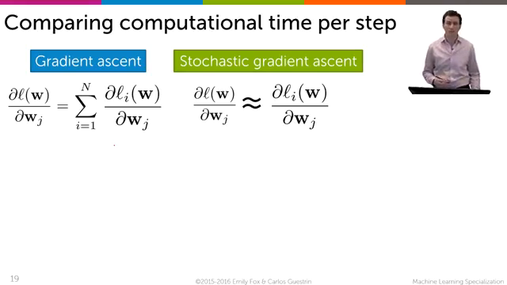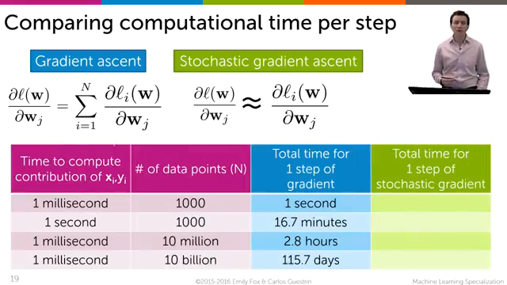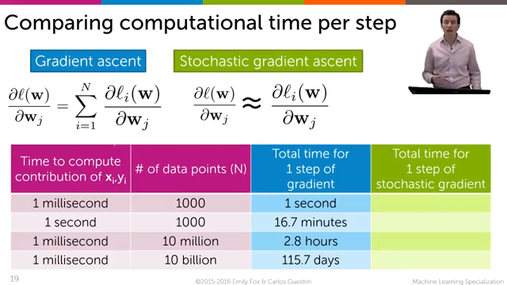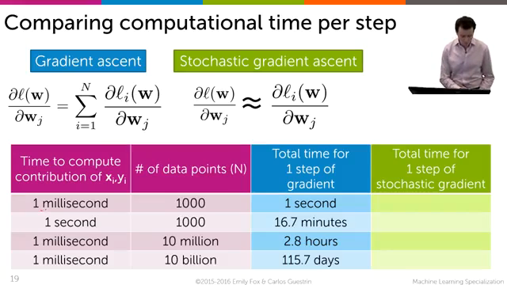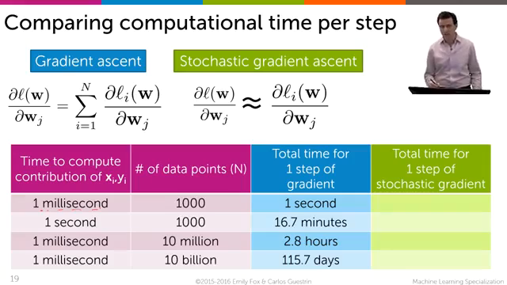But let's go back to our table and investigate the total time for one step of gradient ascent and stochastic gradient ascent. So if it takes 1 millisecond to compute the contribution on data point xi, you have 1,000 data points, gradient takes you a second, stochastic gradient is going to take you 1 millisecond to make the update, because it only looks at one data point.